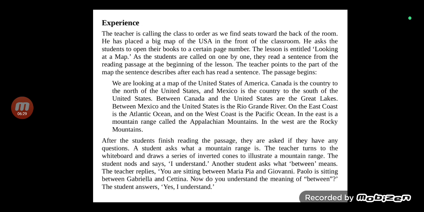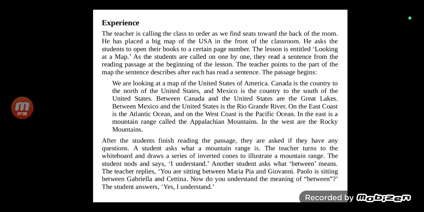On the east coast is the Atlantic Ocean, and on the west coast is the Pacific Ocean. In the east is a mountain range called the Appalachian Mountains. I'm not sure about this word, of course. I think there is a mistake in this pronunciation. In the west are the Rocky Mountains.